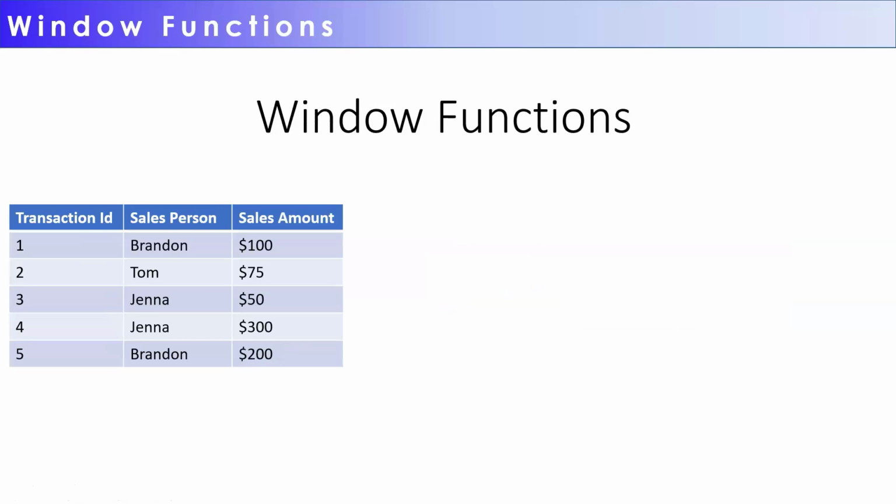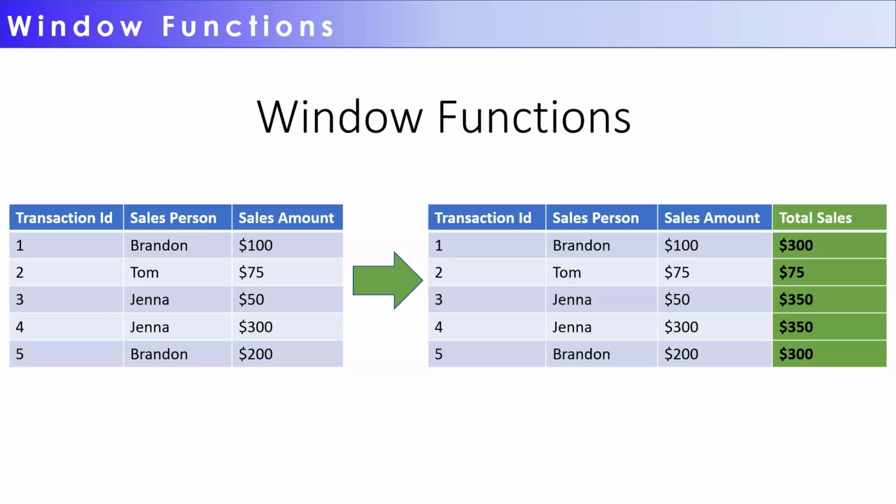Now, by contrast, window functions allow you to retain row-level detail while performing the same types of calculations. The aggregate calculation simply becomes another column in your query output. Now again, you see that we've got two records for Brandon here in our detailed data, one with a $100 sales amount, one with a $200 sales amount.